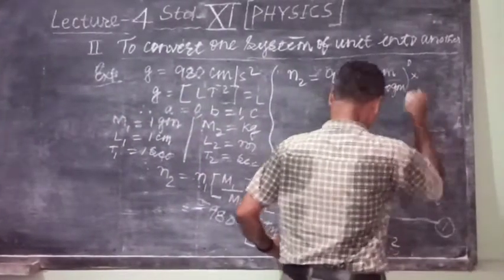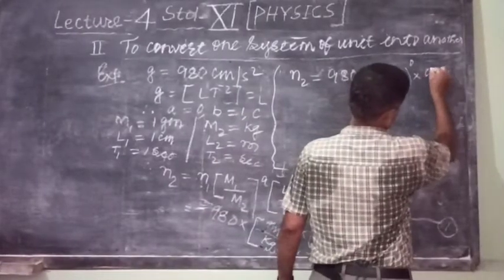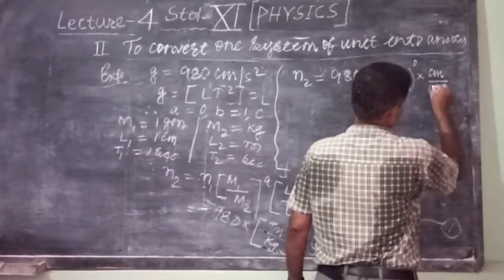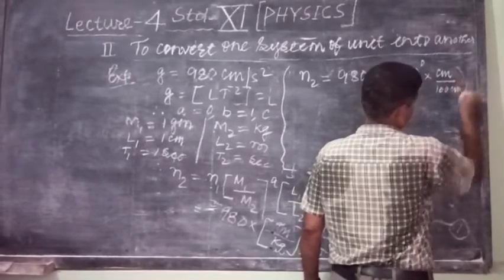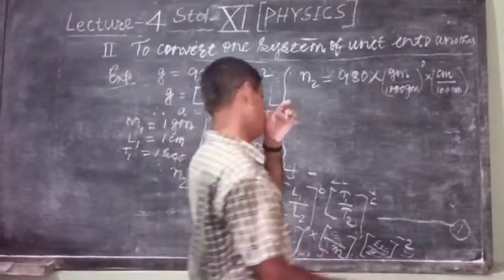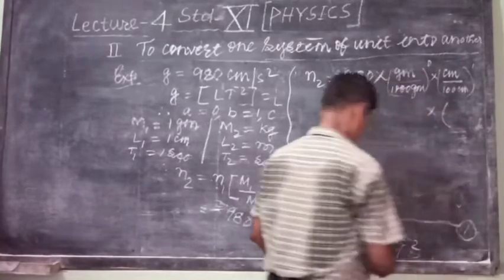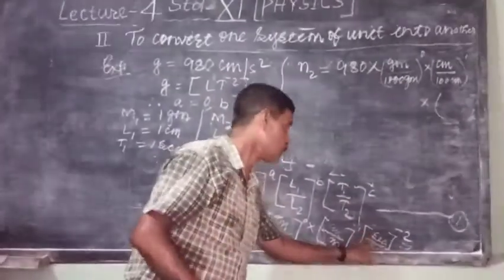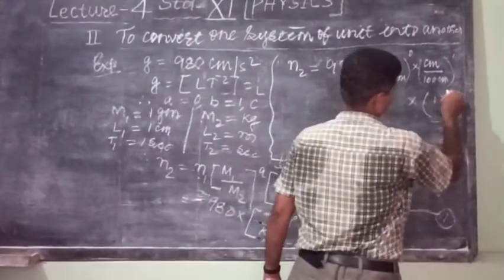Something to the power 0 is mathematically equal to 1. This is in centimeter and this is meter: centimeter by 1 meter means 1 by 100 centimeter, and this power is how much? The value of b was 1. And last is second by second, which will cancel out. It will be 1 to the power minus 2.